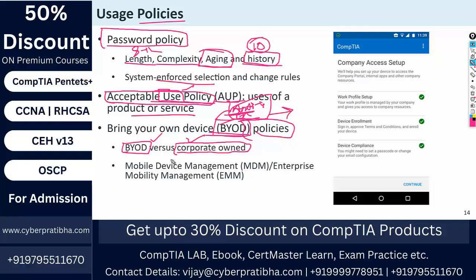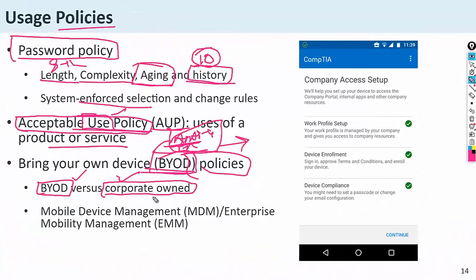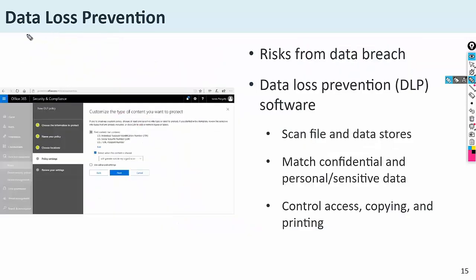If BYOD and corporate owned devices are going to be onboarded, there is mobile device management, which means onboarding the devices and controlling their accessibility to the resources. It is called mobile device management or enterprise mobility management.